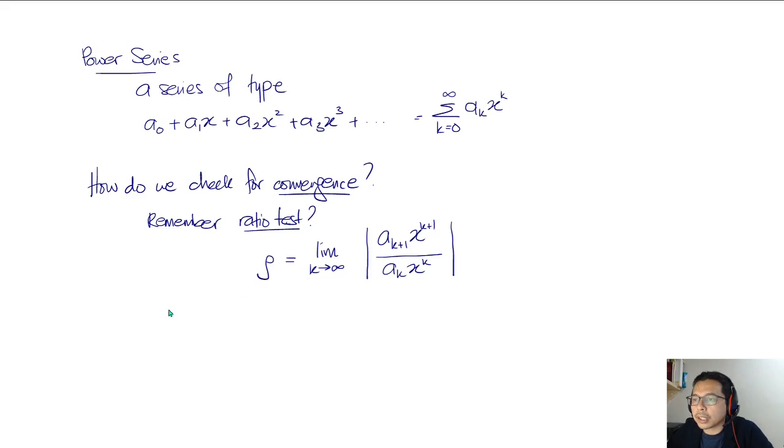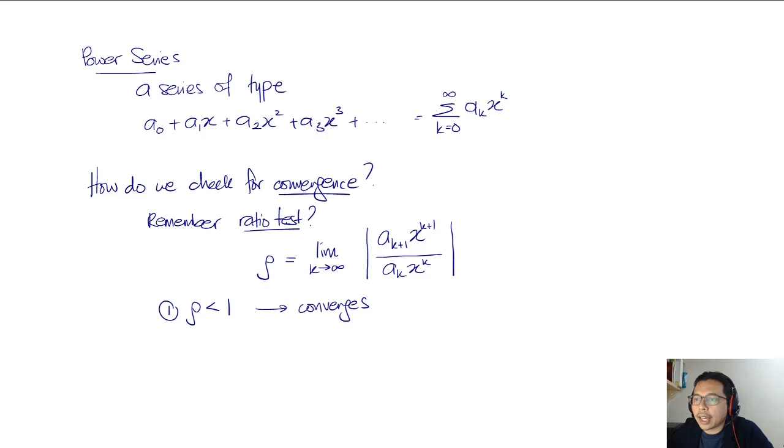We have 3 cases. Case number 1, whenever we calculate this we get rho, the Greek letter rho. If rho is less than 1, then the series converges.